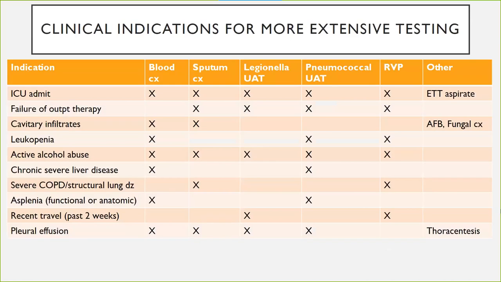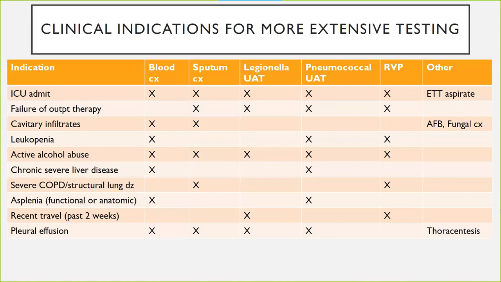So there are certain indications where we definitely want to do more extensive testing. If the patient's admitted to the ICU, you're going to want to do blood cultures, sputum cultures, a Legionella urine test, the pneumococcal urine antigen test, an RVP, and if they're intubated, an endotracheal tube aspirate.